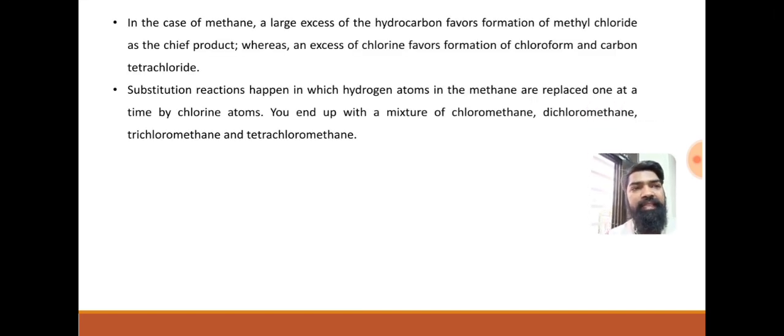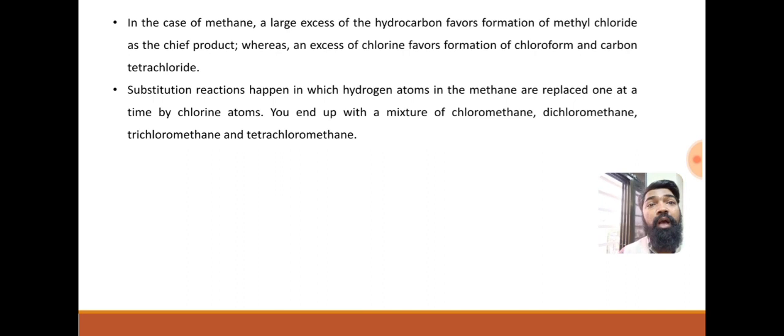In the case of methane, a large excess of hydrocarbon favors the formation of methyl chloride as the chief product, whereas an excess of chlorine favors the formation of chloroform and carbon tetrachloride.